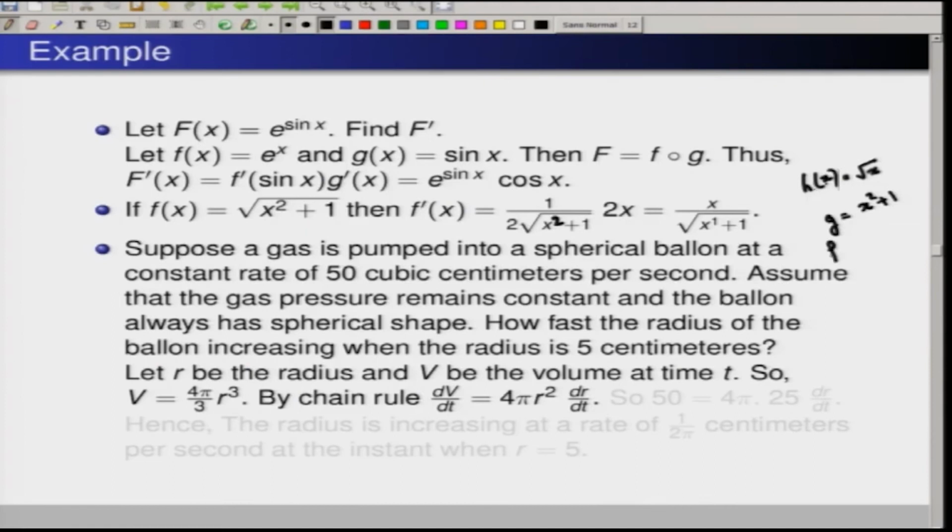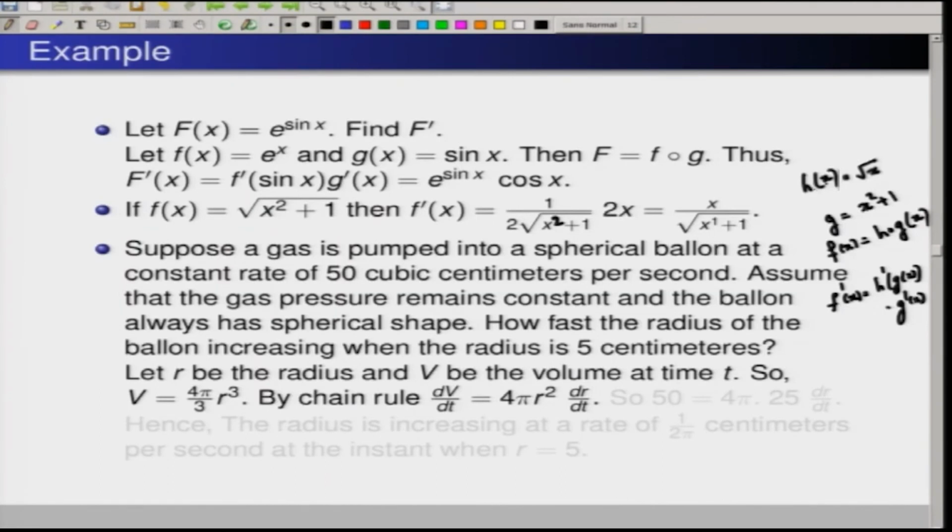Therefore our f of x is h composed with g of x. As you can see, this is defined for every x. Now if we want to calculate f prime of x, then this is going to be h prime of g of x into g prime of x.